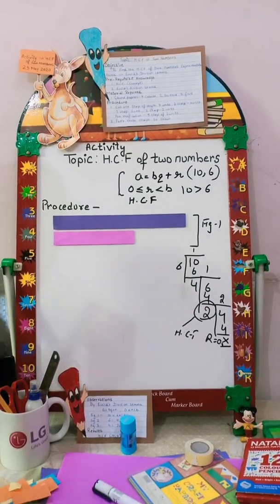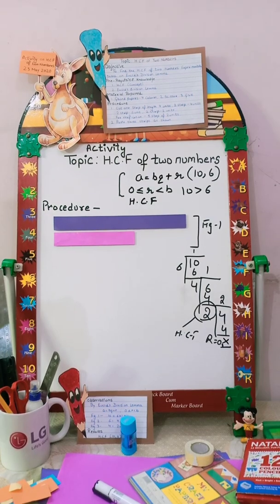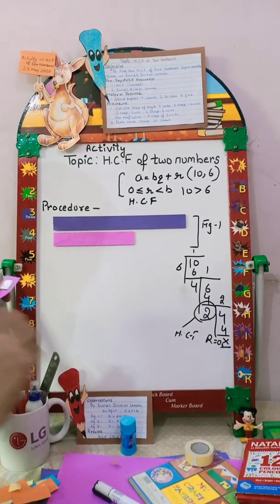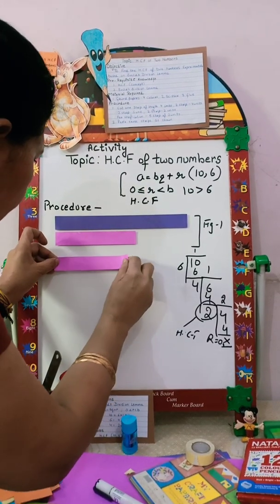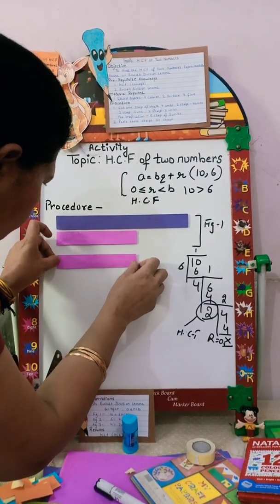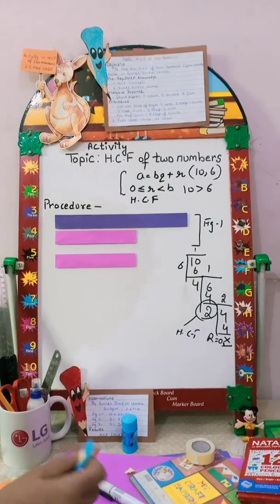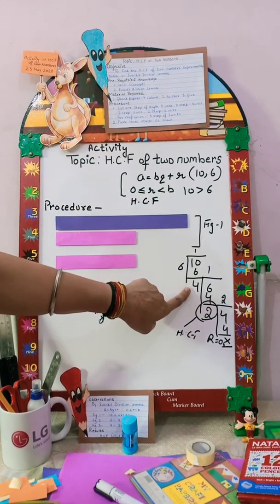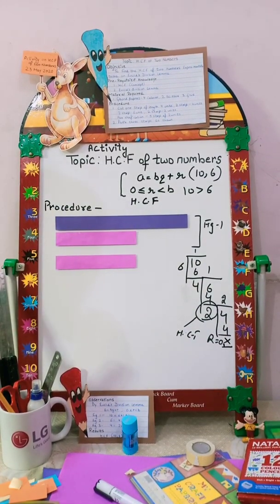I paste the 6 centimeter strip first, then apply the lemma for 6 and 4. Then I paste my 4 centimeter strip.